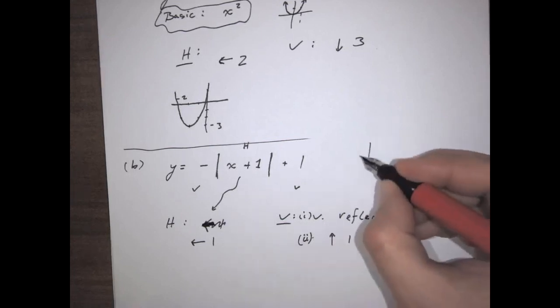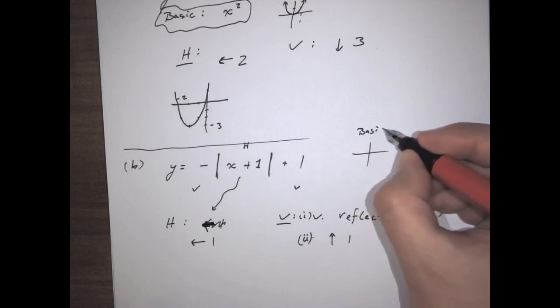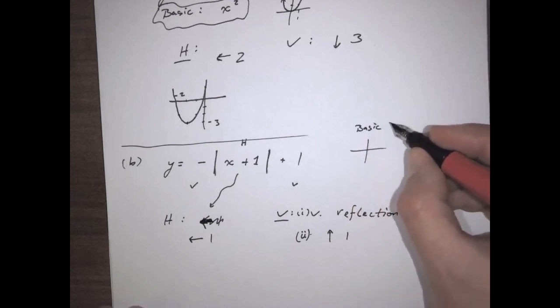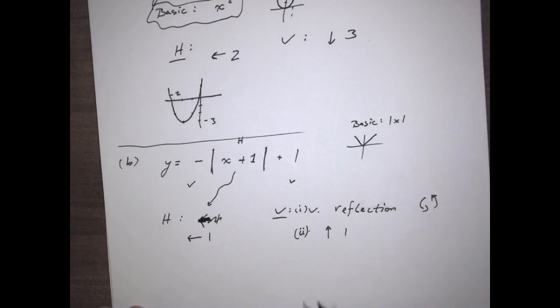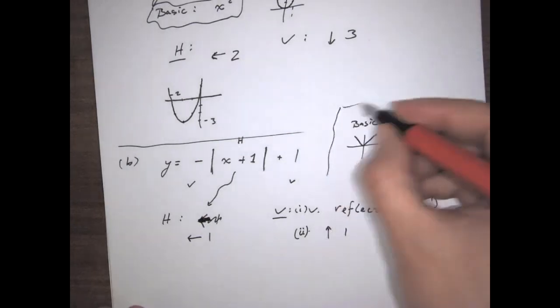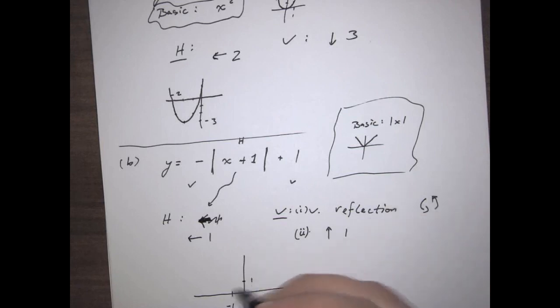So if the original graph is absolute value, then we're now talking about a version of the absolute value where the corner is not going to be happening at 0, 0, but at -1, 1.